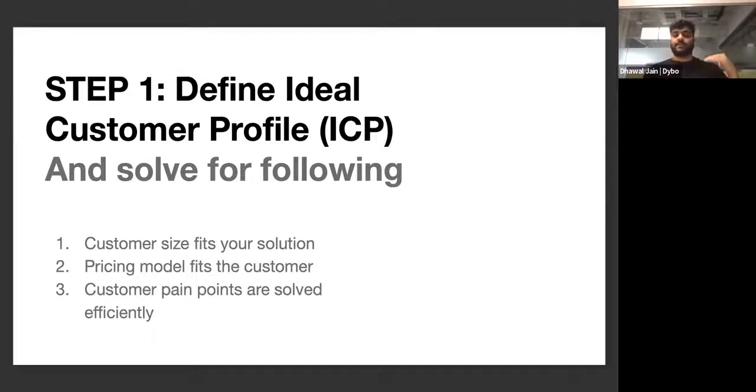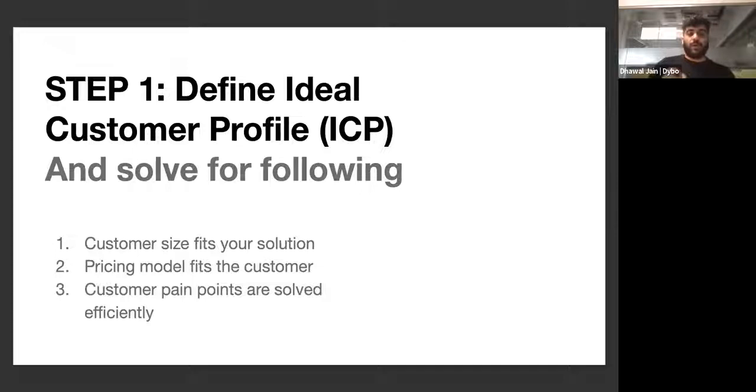So if it's X customer, the pricing model, let's say if you're selling earphones, could be $299. But if you change the customer profile to, let's say, people who own Mercedes and people who hang out with rich people, then the price point needs to be higher, right? But at the same time, a lot of things need to be different. You cannot simply sell the same product at a higher value to a more elite audience.